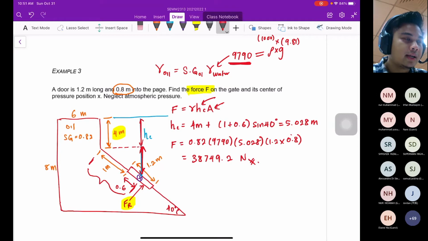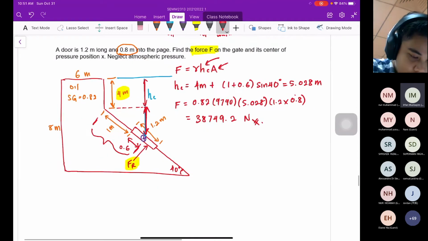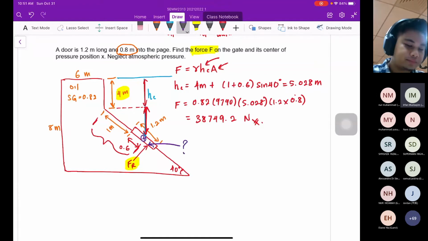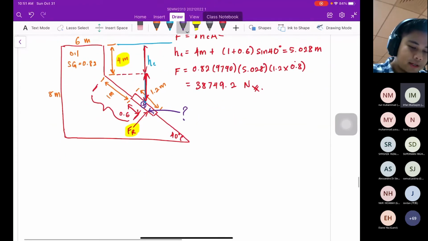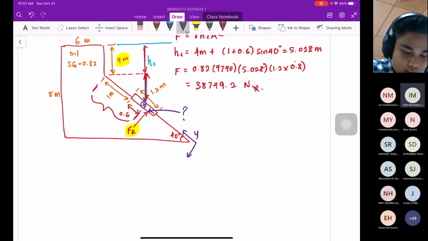However, the last question, we need to find the pressure position, which is this one. This is very important. We need to find this location. How to get this location? Okay, so first we need to set the axis. This is y and this is x.